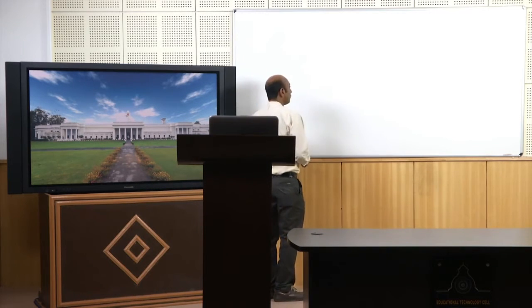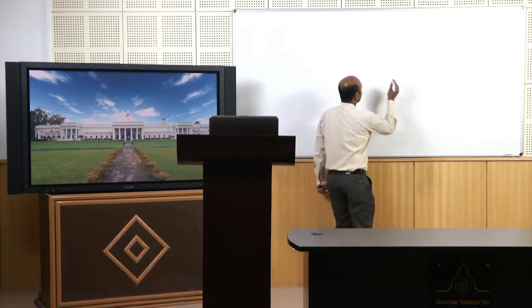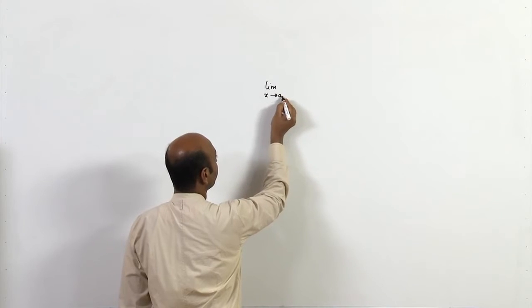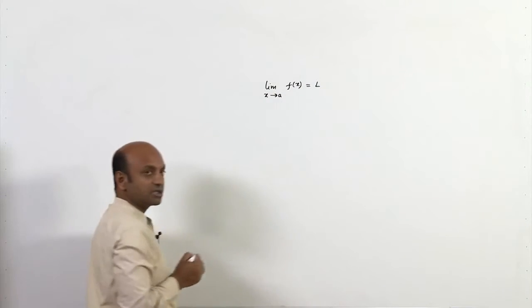First we recall limits for one variable functions. So suppose we have limit x tending to a of f(x) is equal to L. So what does it mean?